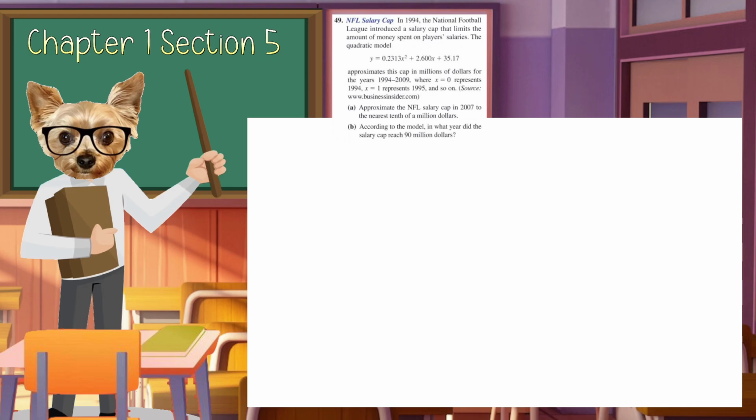I'll explain what a tenth of $1,000,000 is when we get there. I have this model and I want to know the salary in the year 2007.